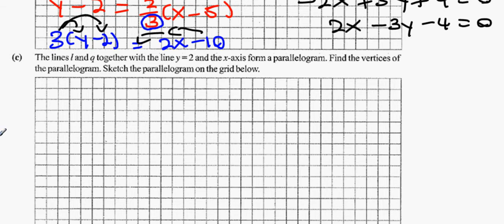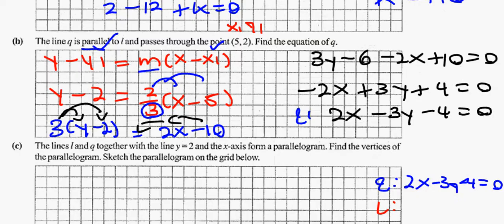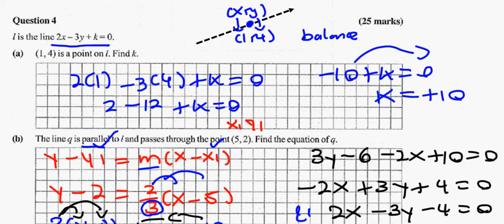We need to write down the equation of L and the equation of Q. We know that Q is 2x minus 3y minus 4 equals 0. I'll just rewrite that. And we know that L is the line 2x minus 3y plus 10.